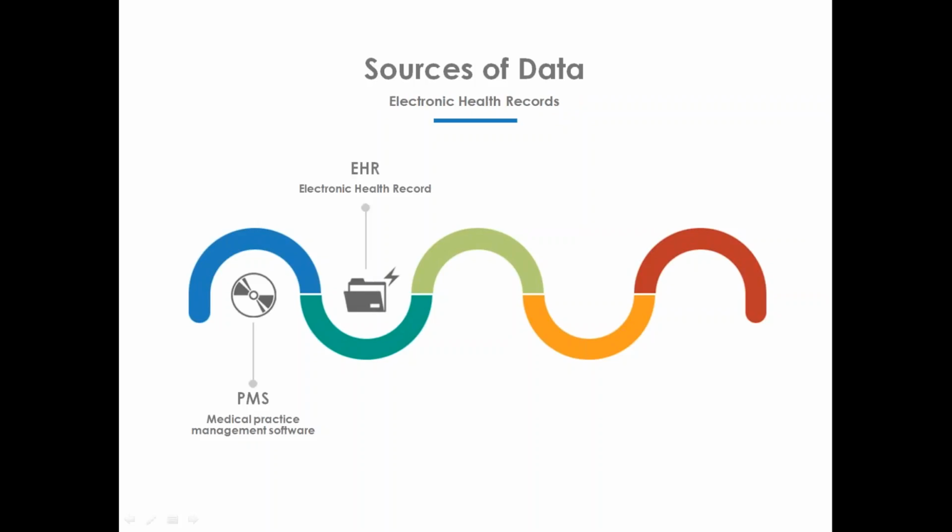There's also electronic health records. Many years ago when the stimulus first came out to be the performance-based driver, EHRs have really turned out not to be quite that level of performance for analytics.